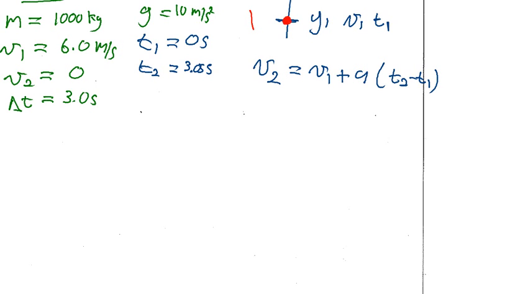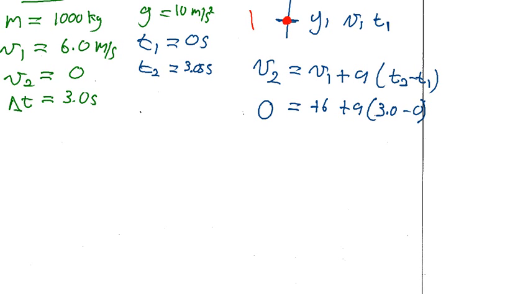So it's probably quicker to do this numerically. So v2 is equal to 0. v1 is equal to plus 6 meters per second in our coordinate system. The acceleration is what we want to find. t2 is 3 seconds, t1 is 0. So if we solve this expression for the acceleration, let's take the 6 to the other side.